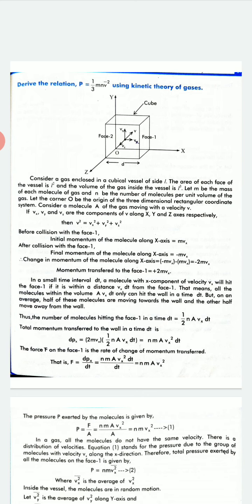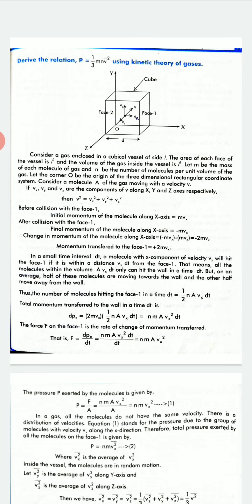Before collision with face 1, the initial momentum of the molecule along the x-axis is mVx. The momentum before the collision is mVx. What is the momentum after collision?